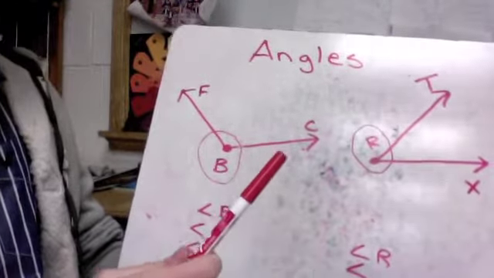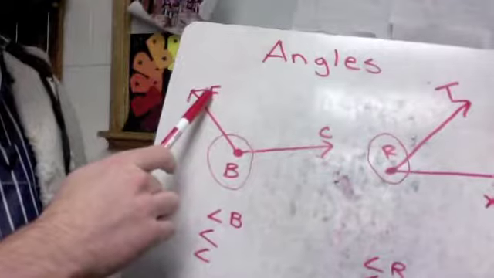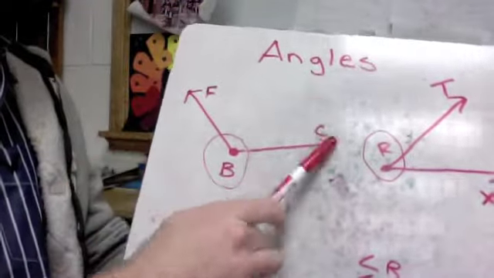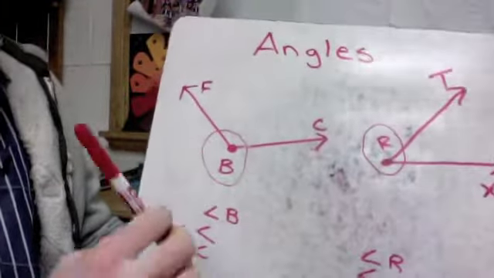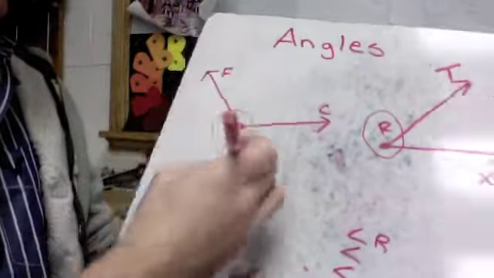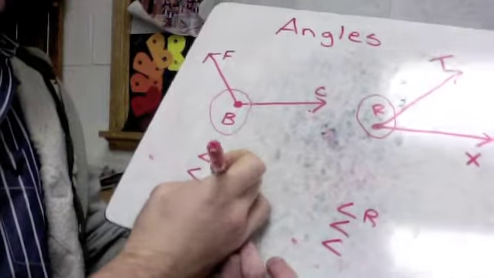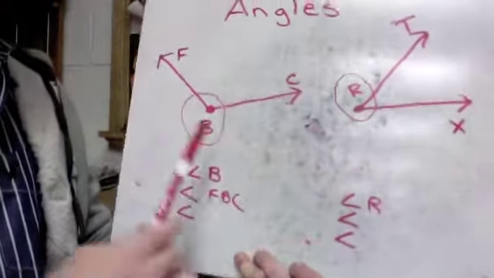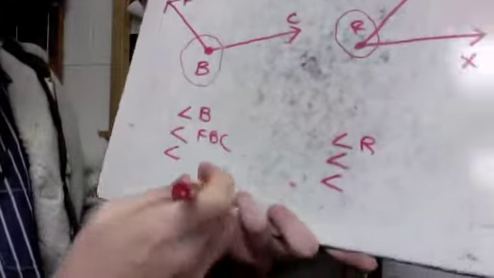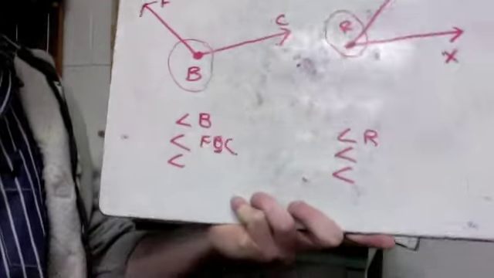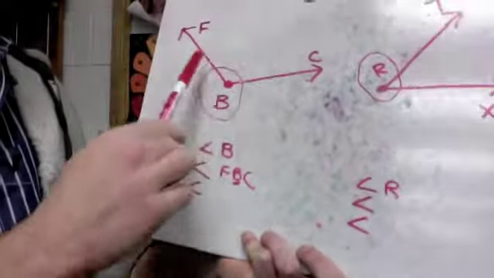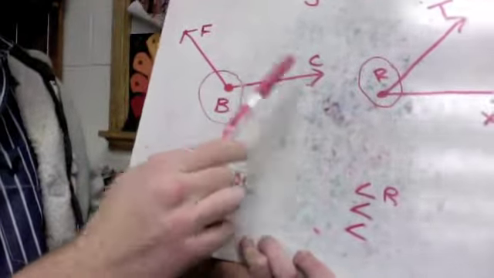Now there are other ways to name these. You can start at the first letter and just list them in order, but the vertex has to be in the middle. So this could be angle FBC. If you said angle FBC, they would know you're talking about this. But when you list, the vertex has to be in the middle. Now we could also go backwards. We could say CBF.